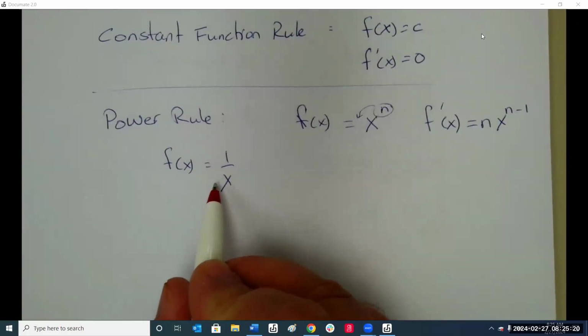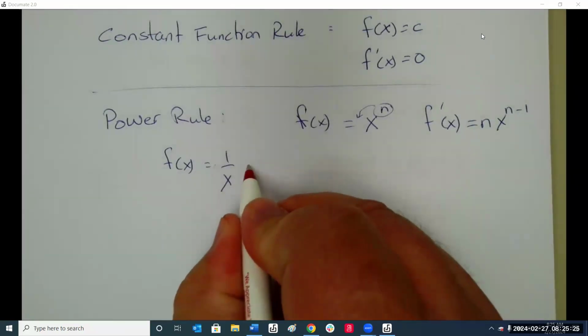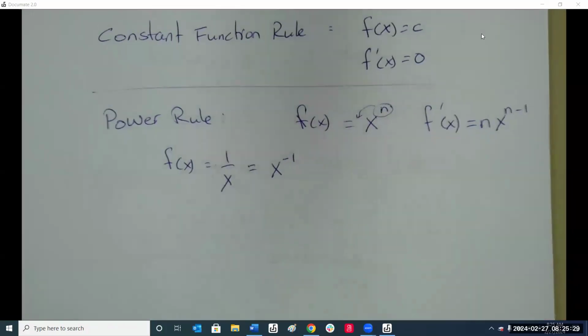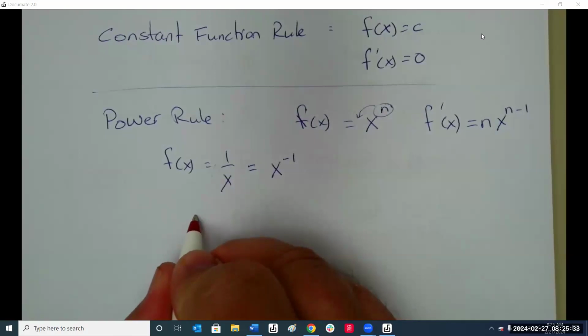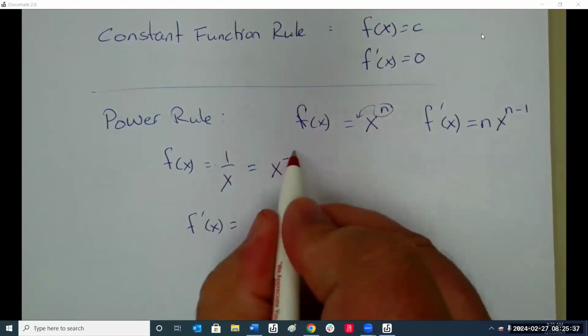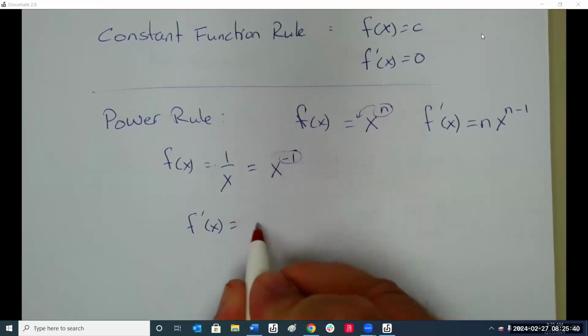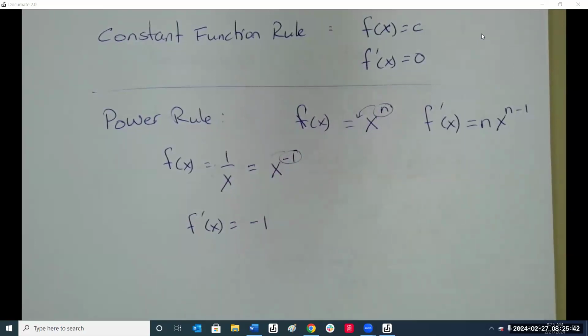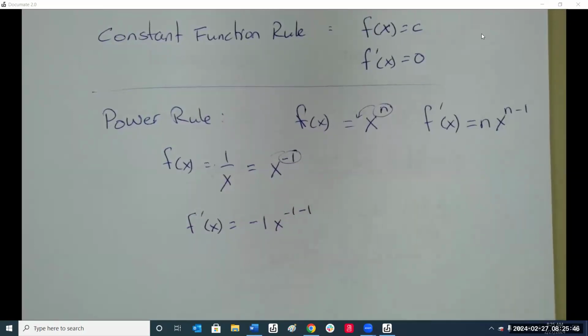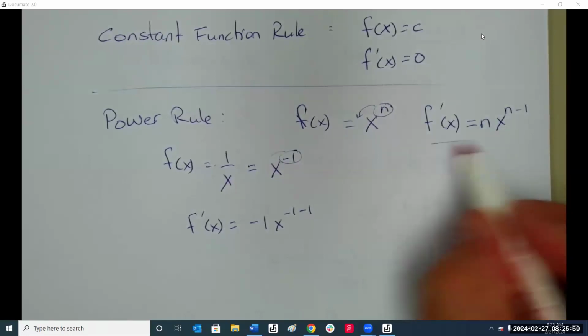Let's see how we would do this one. If you have a function like this, we would rewrite it using the rules of exponents. So then the derivative of this function using the power rule: bring the power down, which is -1, and subtract 1 from the exponent, according to this rule right here.